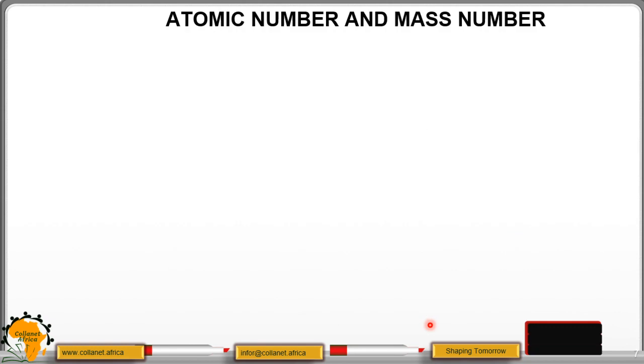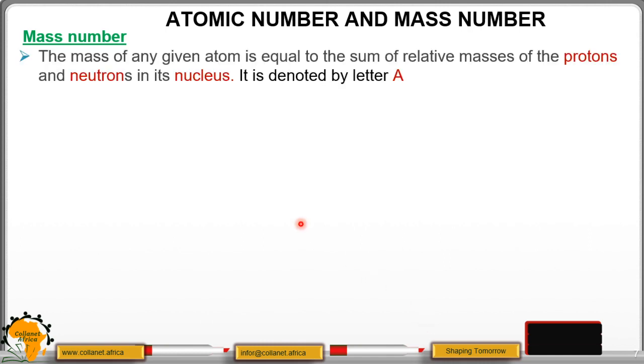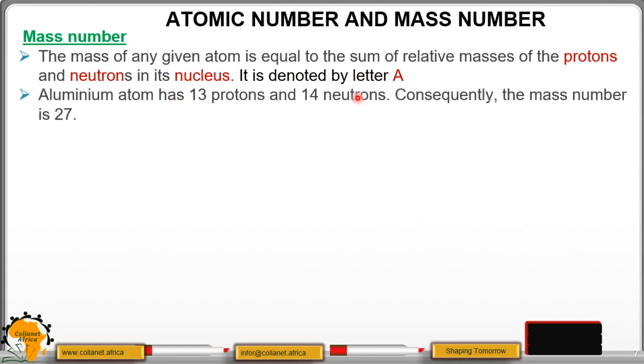Atomic number and mass number. The mass number of any given atom is equal to the sum, which is addition, of the relative masses of protons and neutrons in its nucleus. It is denoted by the letter A. Aluminium, for example, has 13 protons and 14 neutrons.